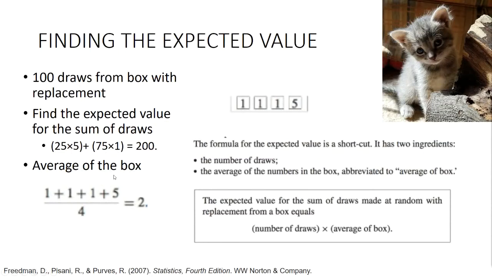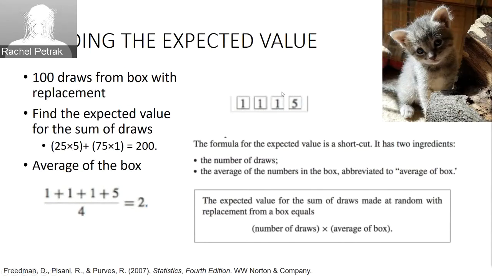Then our expected value is equal to the number of draws, 100, times the average, 2. So 200 is the expected value for 100 draws from this box. Note how the expected value is dependent on the number of draws. You can also estimate your expected value based on the frequency of the numbers in the box.